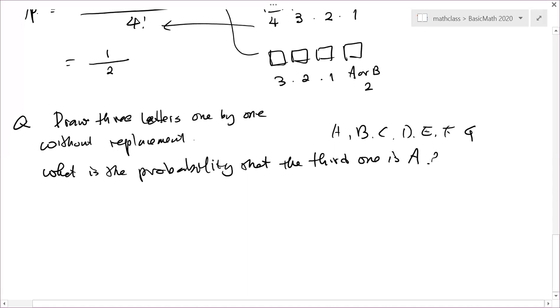Now you can also think of it as drawing 5 letters out of 7. What is the answer?